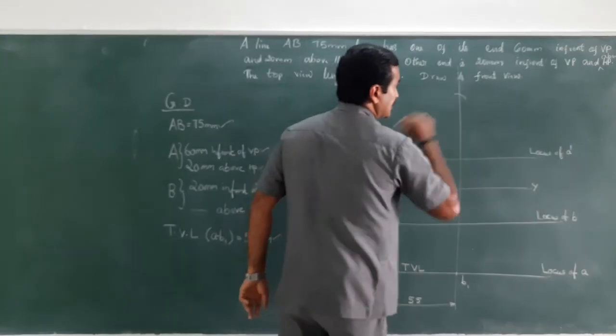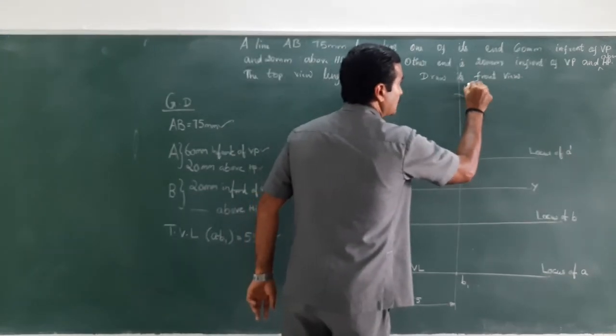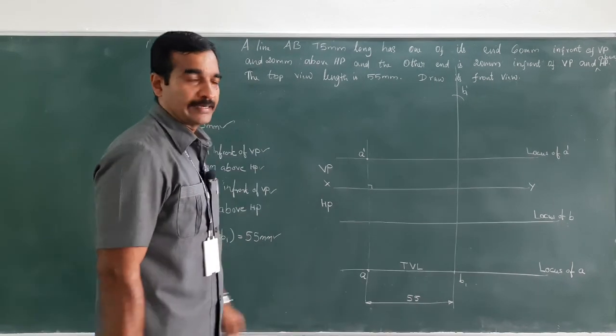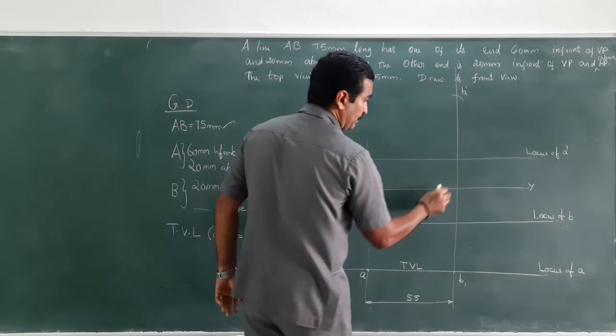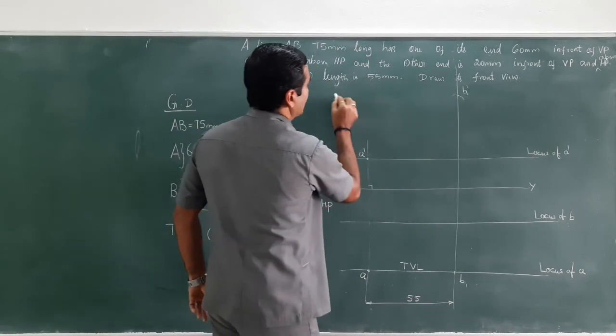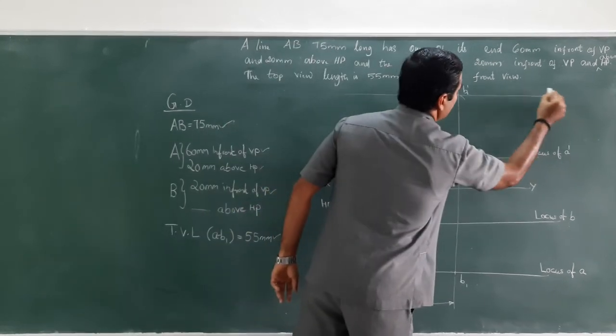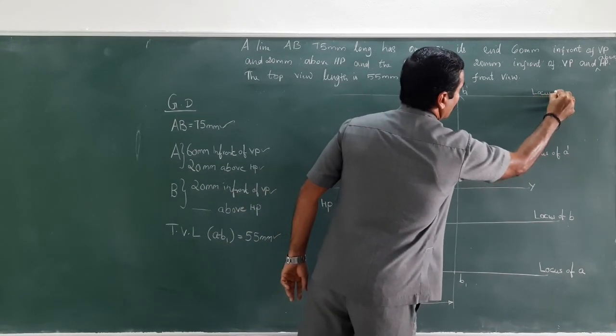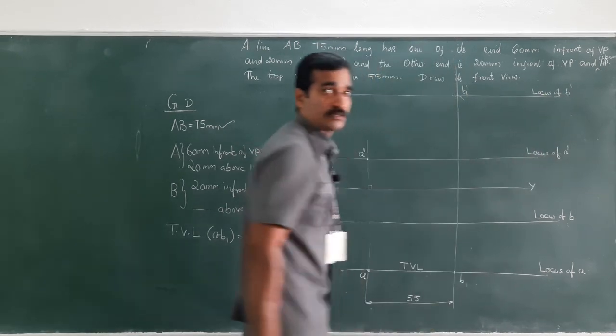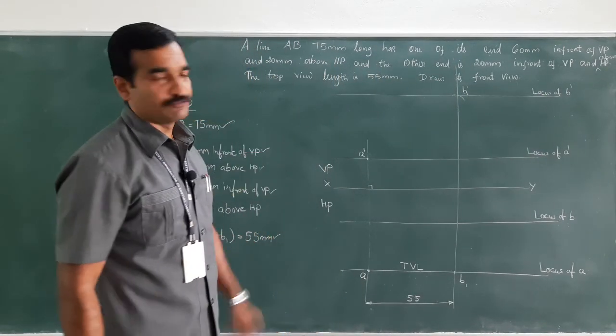This is the true length, therefore this point can be named B1 dash. Now draw a line parallel to XY through the intersection. This is nothing but the locus of B dash.